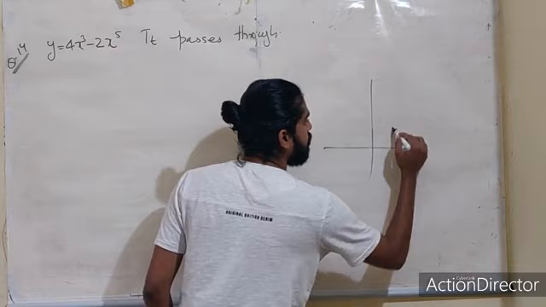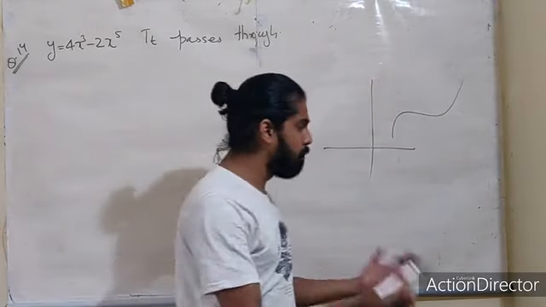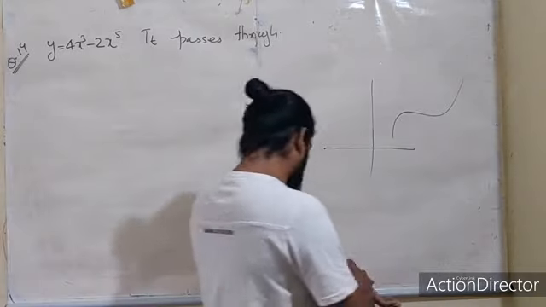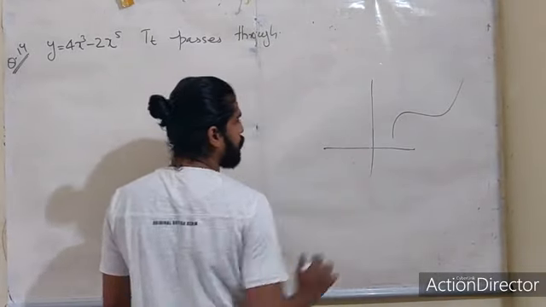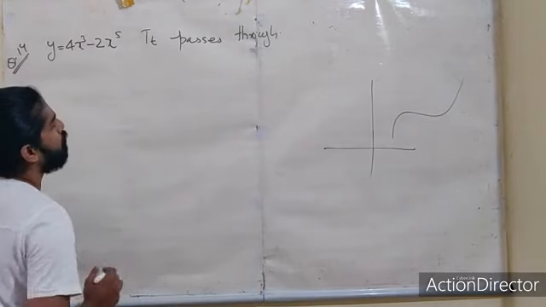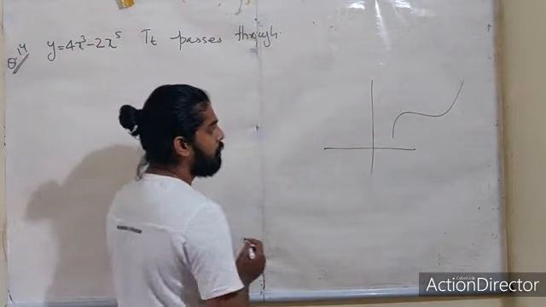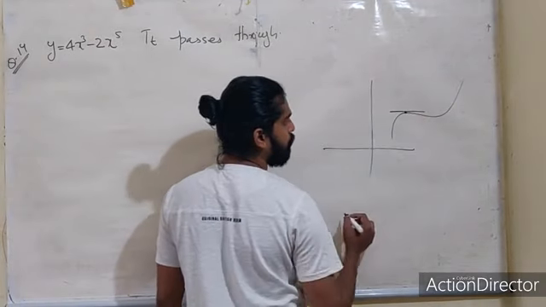Suppose this is the curve. We don't know the actual diagram of the curve, but we'll simply draw this as the graph. We have to find the point at which the tangent passes through the origin. Suppose this is a point and the tangent is like this. This does not pass through the origin. The point may be like this, where the tangent passes through the origin. Another tangent at this point also passes through the origin.